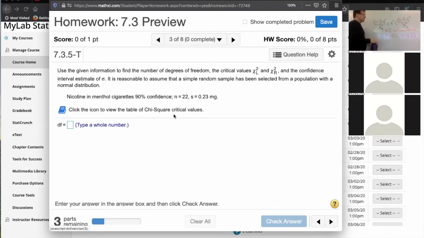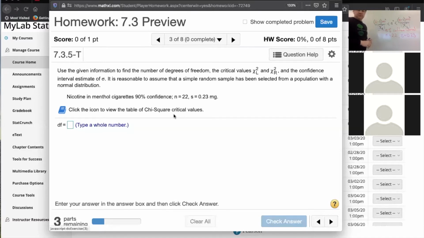And s is 0.23. And we're going to be squaring that eventually, so you'll need a calculator eventually. But before you reach for your calculator, we still need to figure out what number goes here and what number goes there.